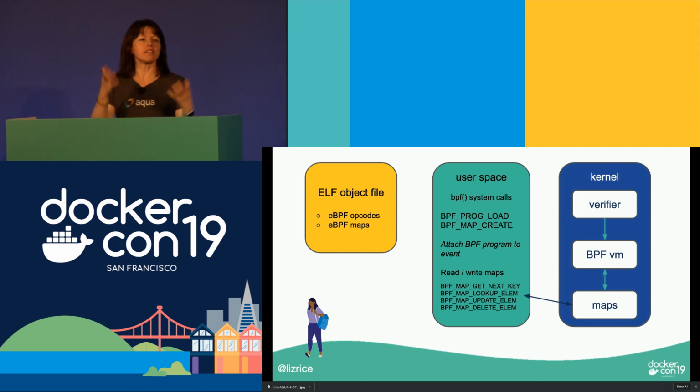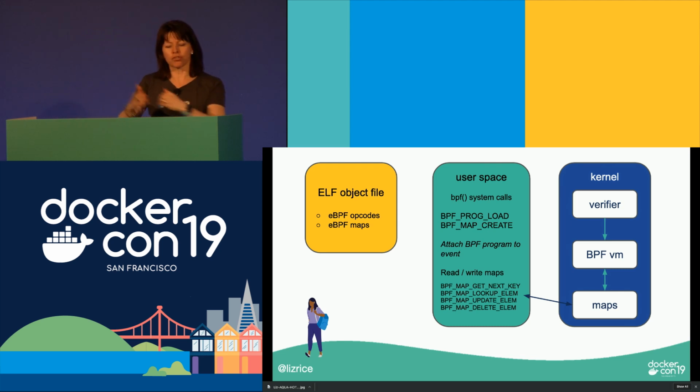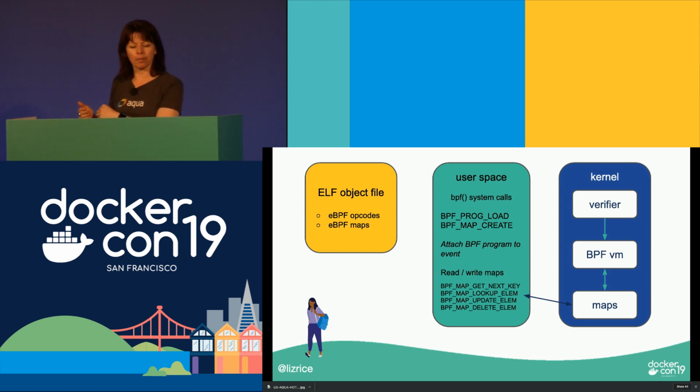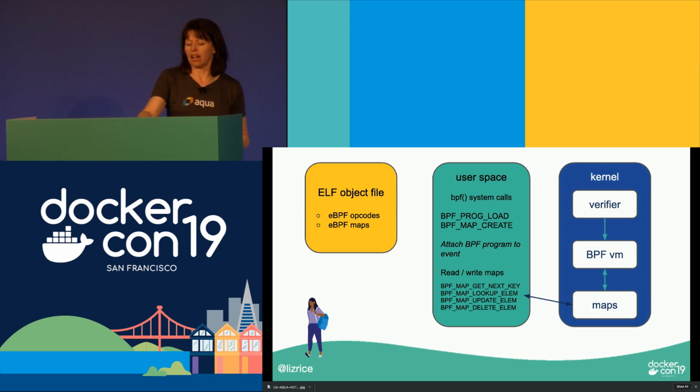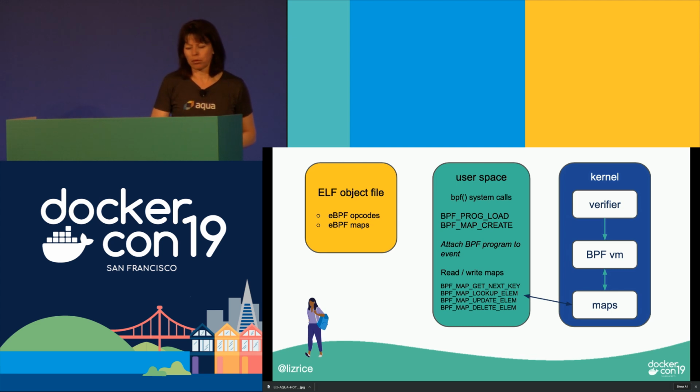So the system calls let you do things like look up the element for a particular key, or traverse through the keys with this get next key. And you can both read and update and delete data from the user space side as well as from the kernel side. On the kernel side, those kind of manipulations are happening with helper functions.